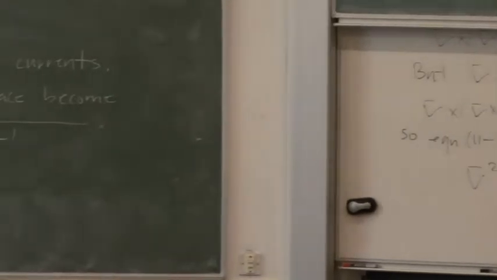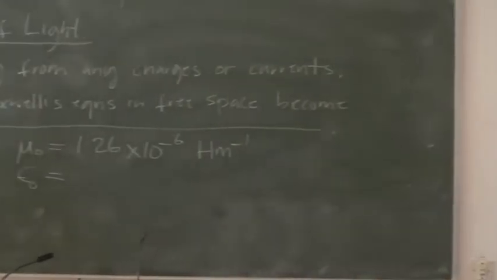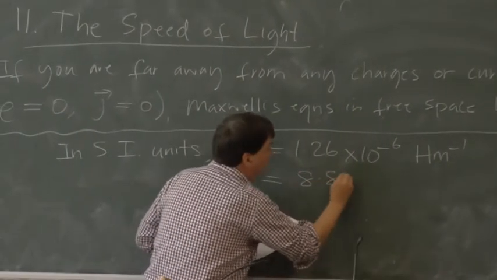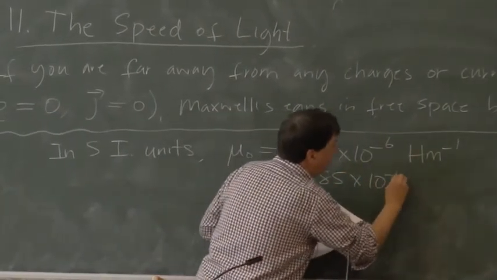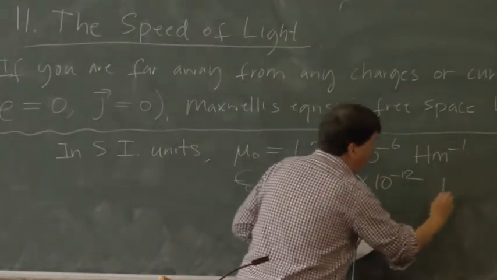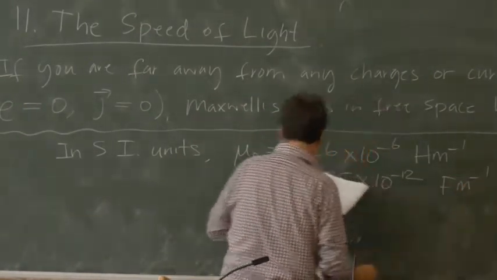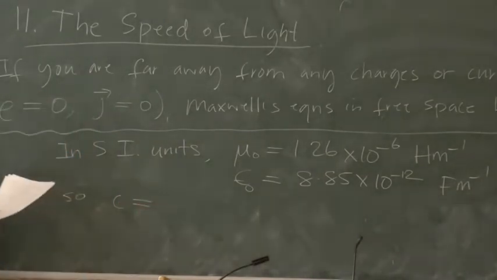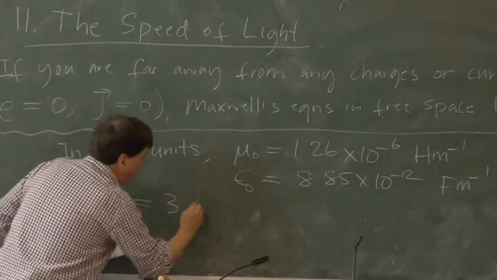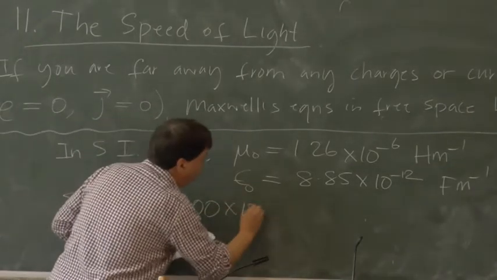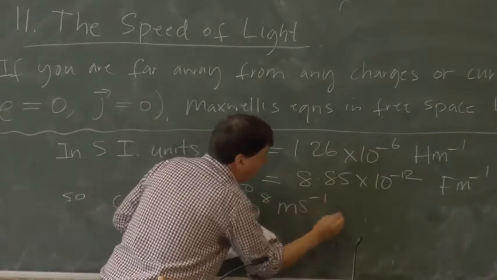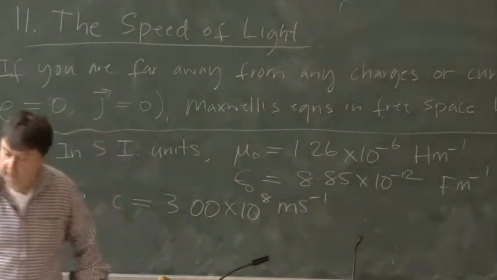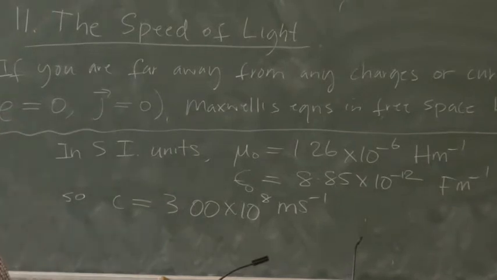Epsilon naught is 8.85 times 10 to the minus 12 farads per metre. And so the velocity of these electromagnetic waves in SI units is 3.00 times 10 to the 8 metres per second. So that was this truly amazing calculation.